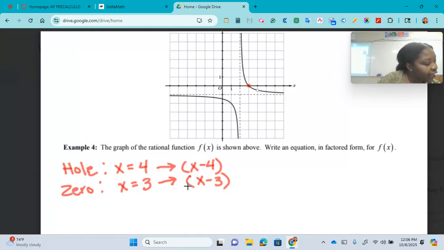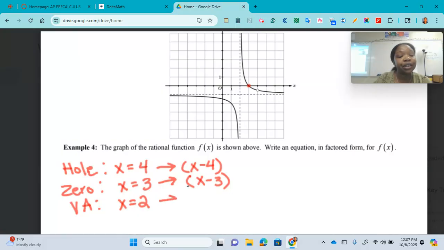We have a vertical asymptote at x equals 2. Excellent. Vertical asymptotes will be found in our numerator or our denominator? Denominator.